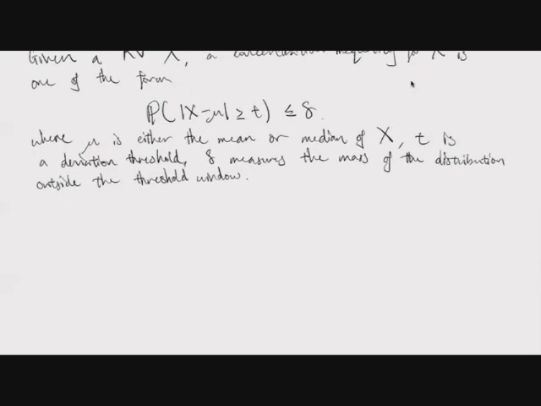Let me draw a picture to illustrate what I mean. This is the real line, and suppose this is the mean mu. Then my distribution of X perhaps looks like this. I'm not drawing so well. Fortunately, this is not symmetric. And then t is going to be something that looks like this. So this is mu minus t, and this is mu plus t.